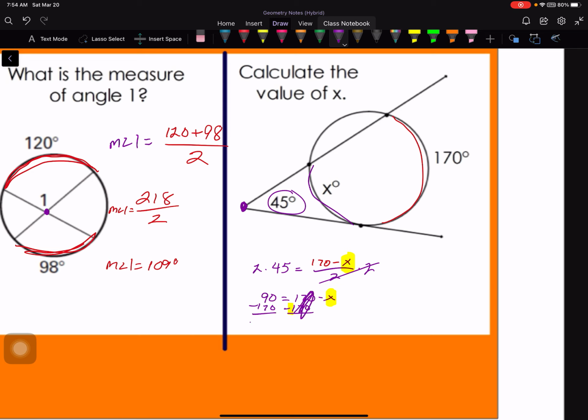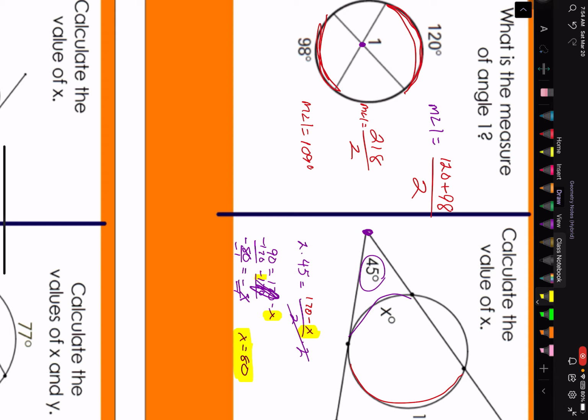So that's going to cancel. Negative 80 equals negative x. And then divide both sides by negative 1. x equals 80. So you can see we can set these up to solve here too.